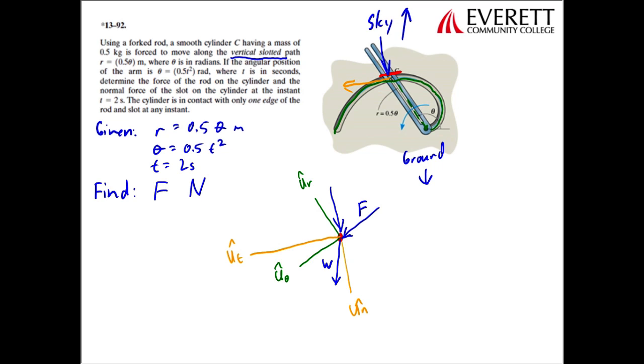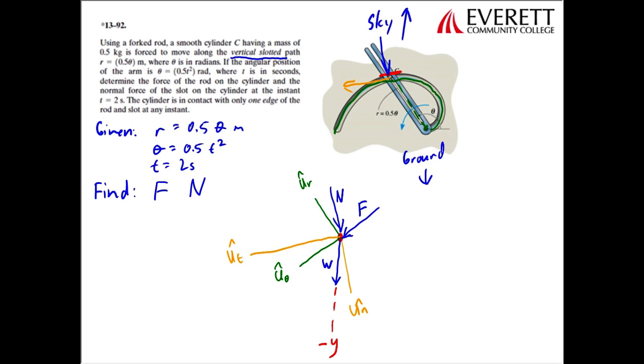I forgot to label this force. This is our normal force of the slot acting on the cylinder. Okay, so the weight is acting downwards, and that's our typical rectangular coordinates there. So our rectangular coordinates, I'll go ahead and do in red. This I'll call negative y, just to keep the picture a little cleaner. We're not going to put a positive y-axis.